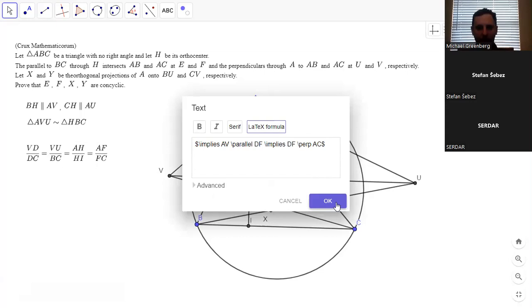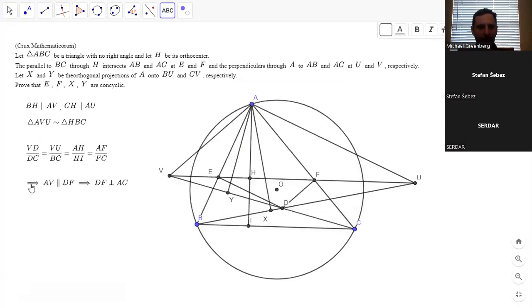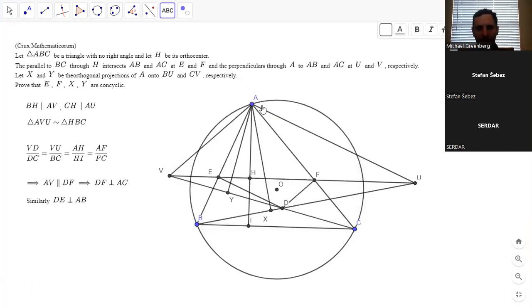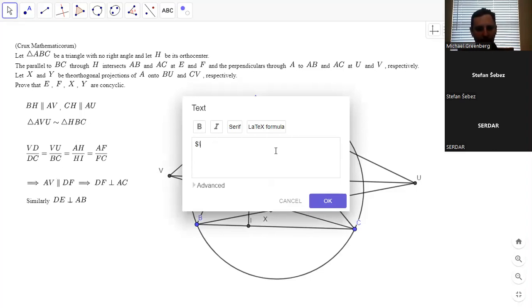And then similarly, DE is perpendicular to AB. And then once we have that, then we know that they're all cyclic because angle AED is angle AFD is angle AXD is angle AYD is equal to 90.